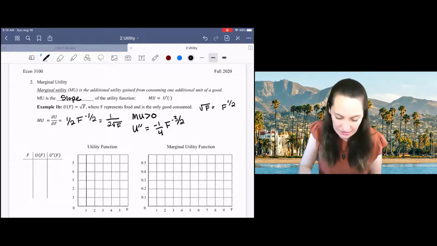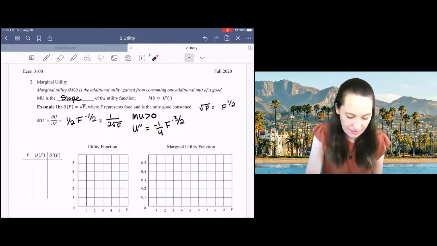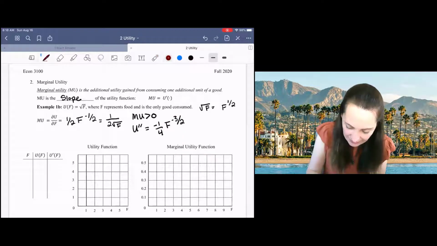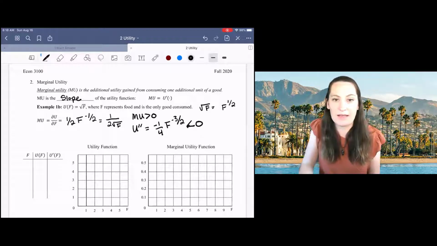And you see the negative here tells me that this is going to be negative, right? Because remember, f always takes on positive values. This is just an inverse root, and then this is telling me that this is going to be negative. So I've got a negative second derivative, which is good because that's going to give me decreasing marginal utility.